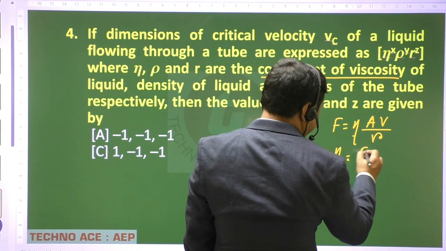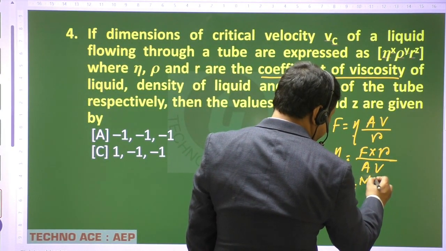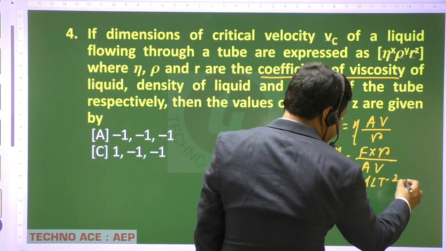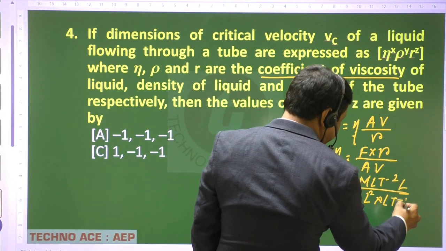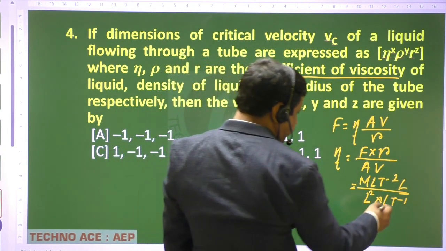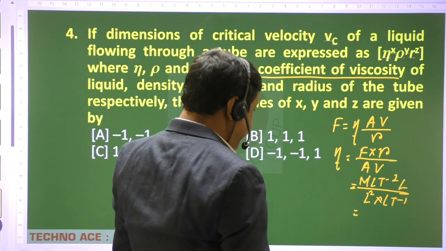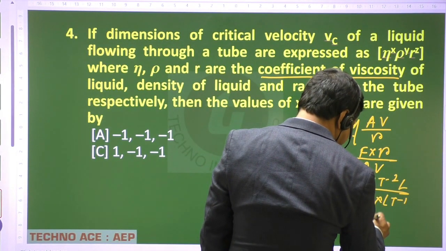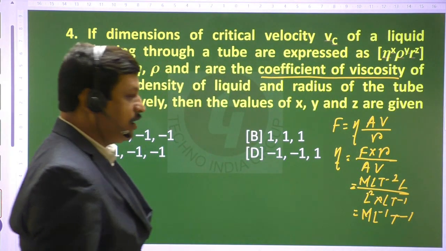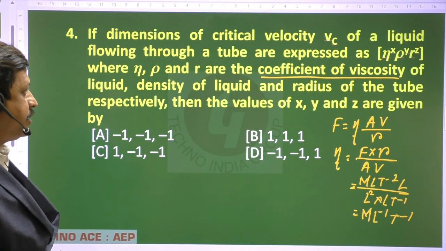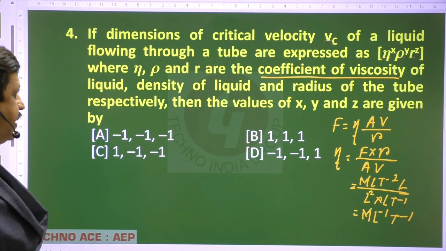Eta will be F into r divided by A into v, that is m l t to the power minus 2, r is L and A is L square and v is L t to the power minus 1. So L square cancels, there is L cube. So m L to the power minus 1 t to the power minus 1. This is the dimension of eta. Okay, you can use this dimension. Rho is the density, you know the density, and r is the radius of the tube.